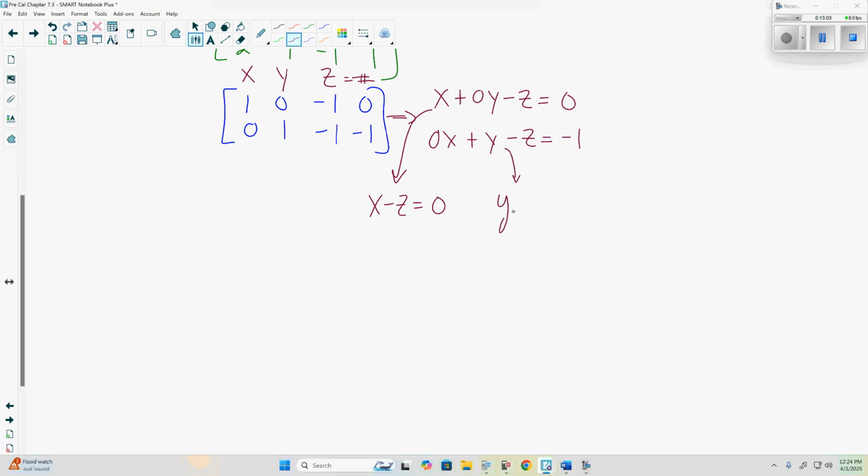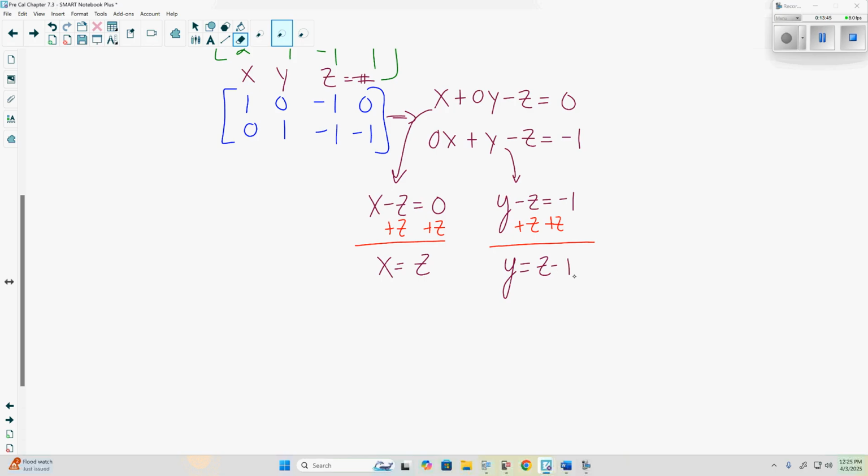And our bottom equation is y minus z is equal to -1. Now, both of these equations are in the form of here, xz, yz. And for both of these here, what we're going to do is solve for the non-z value. So for x, we're going to add z to both sides, saying that x is equal to z. For y minus z equals -1, we'll add z to both sides, telling us y is equal to z minus 1.